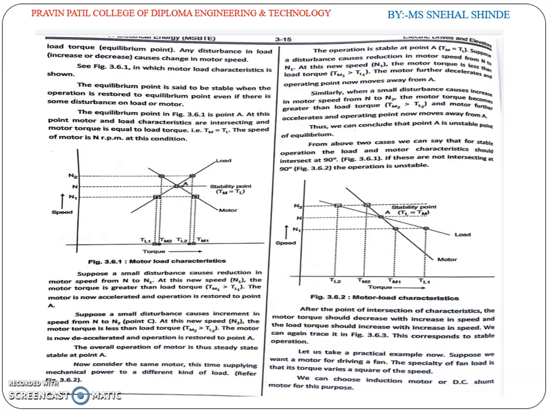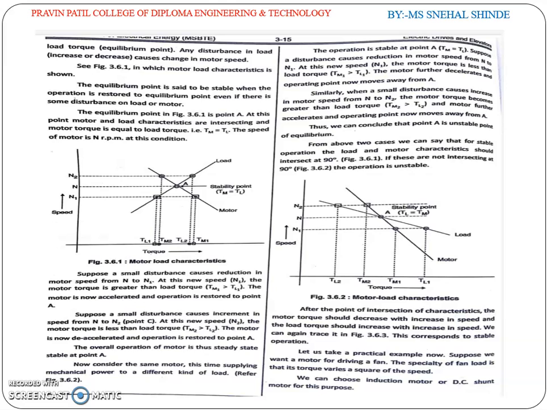After the point of intersection of the characteristics, the motor torque should decrease with the increase in speed and the load torque should increase with the increase in speed. We can again see this in the figure. So this corresponds to the stable operation.